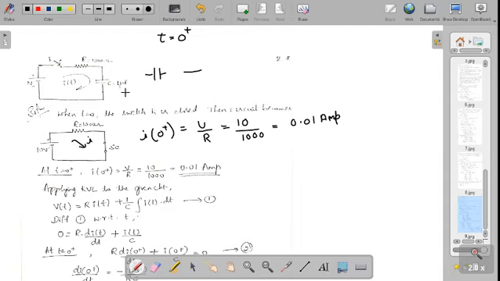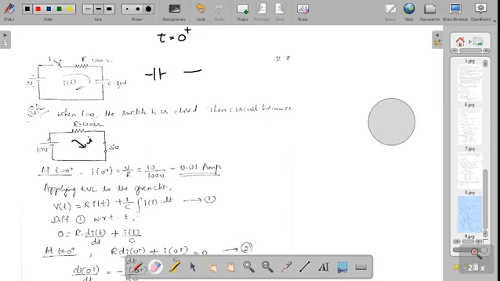What is the next thing we need to find out? The first derivative of this. In order to find the first derivative, first we need to apply KVL to the circuit. So let us apply the KVL to this circuit.